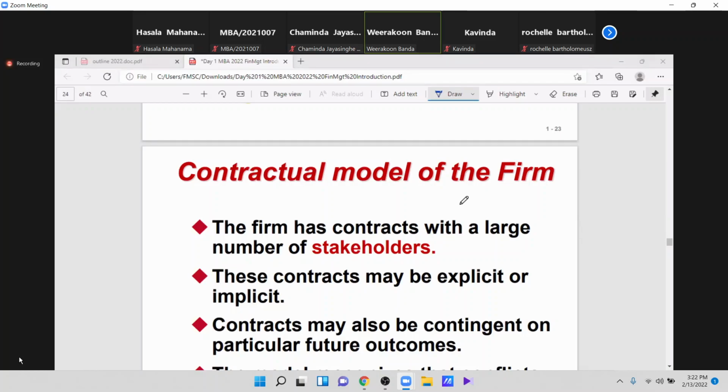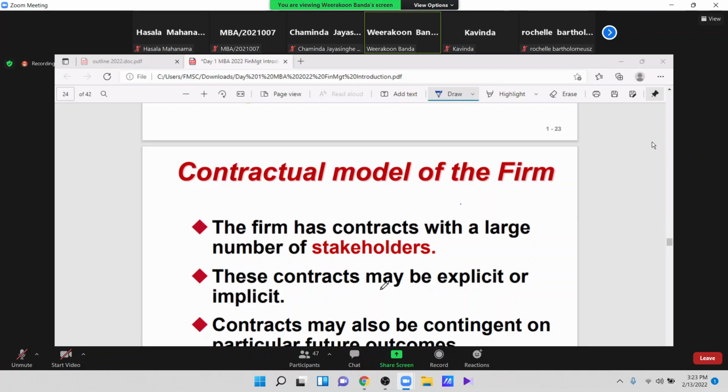So however, the companies may have different contacts with different people. So every time, the company should be concerned about that. We have stakeholders and stockholders, we have customers, we have employees, we have managers, we have society. We operate our businesses in the society, so we have to undertake some social responsibility activities.